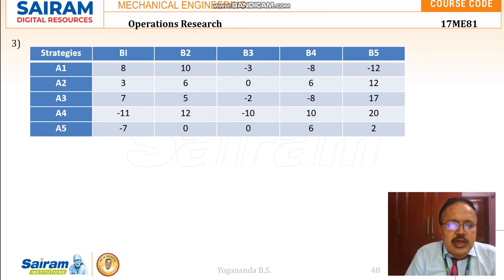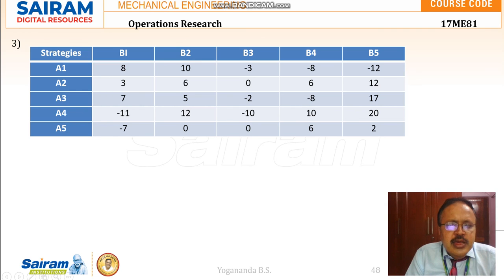Then the third problem, we have 5 strategies for player B and 5 strategies for player A. Some of them are positive and some of them are negative in the payoff values. So this is the matrix written for player A. If the same matrix is shown for player B, the signs will get interchanged.